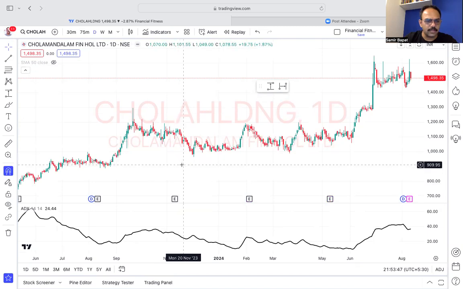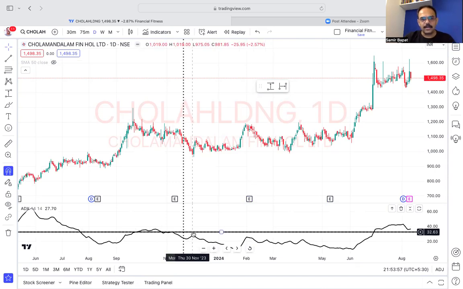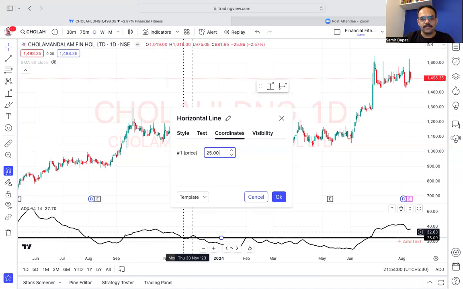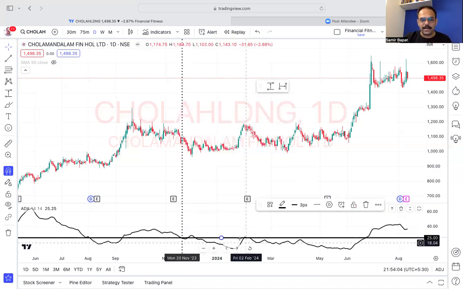Somewhere here it has started going down below the 25. So ADX went below 25. If I draw a horizontal line here and say okay 25, again it went up in between.